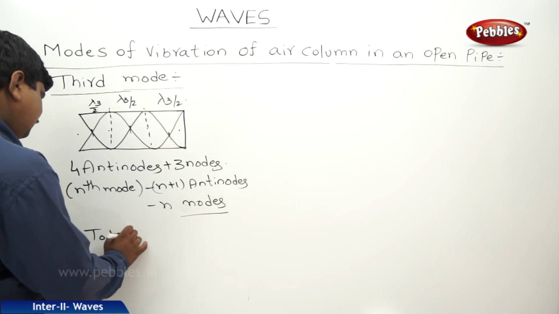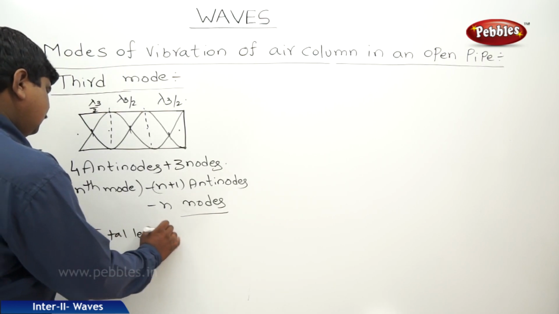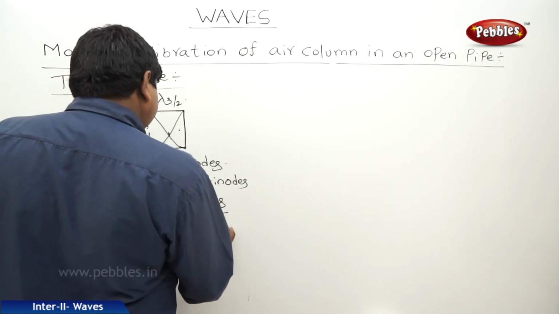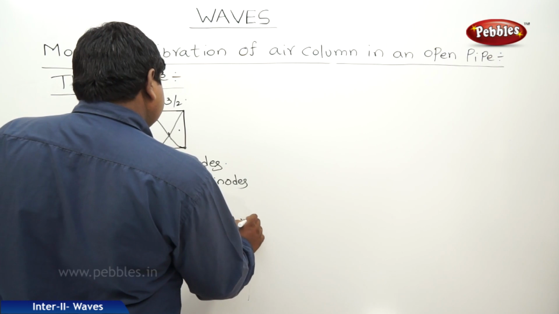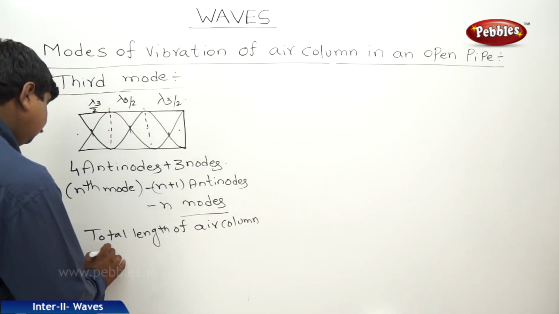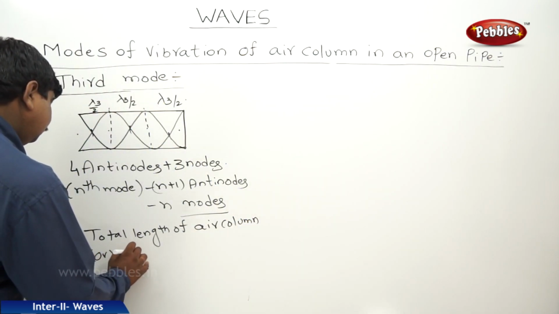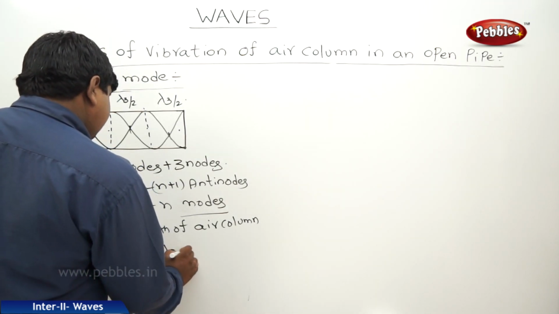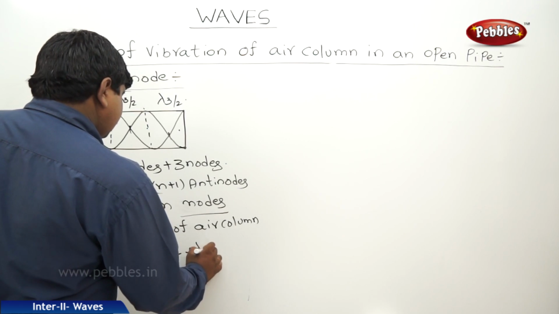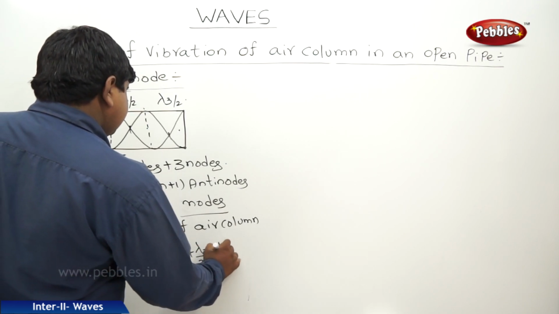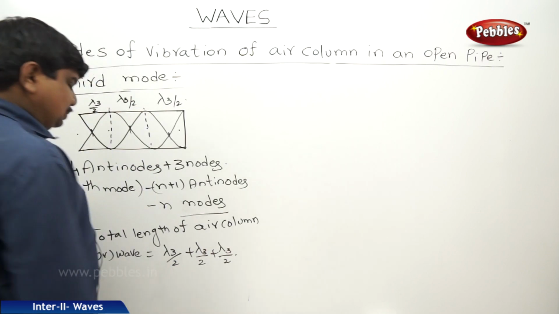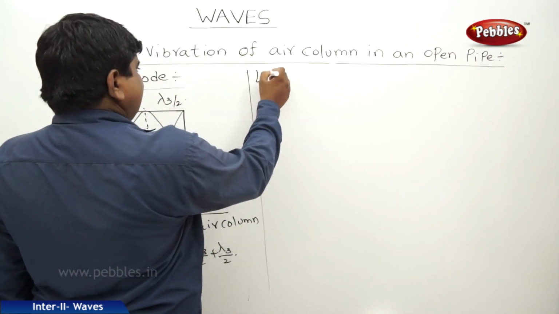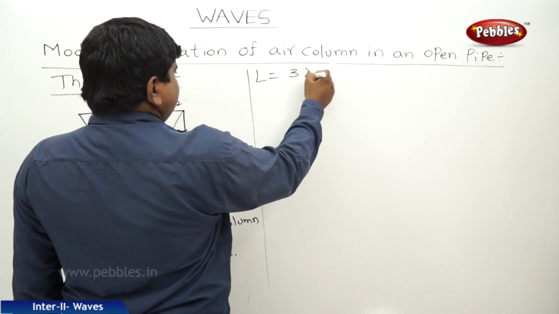Total length of air column or wave is equal to lambda 3/2 plus lambda 3/2 plus lambda 3/2. So this will be L is equal to 3 lambda 3/2.